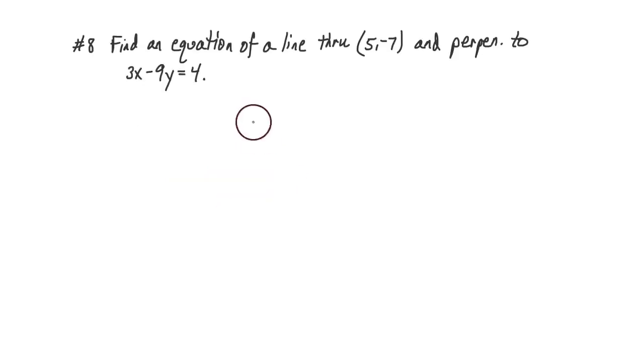And number 8, find the equation of a line that goes through this point, and it is perpendicular to this equation. Again, if lines are perpendicular, their slopes are negative reciprocals. So in step 1, let's find the slope of this one. It is in standard form.